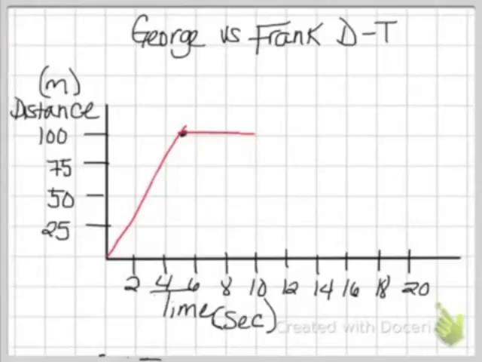Okay, so now we're going to do the bullet. The bullet started at the distance of 0, but it didn't start at the time of 0. It started a few seconds after George started eating. We'll say it started at about 7 seconds, and it only took 2 seconds to go up to 100 meters.